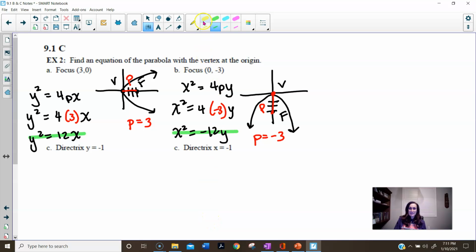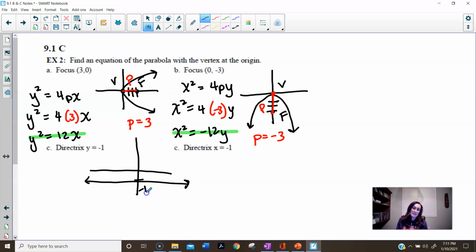Okay, so now they're going to give us a hint using the directrix. The directrix is y = -1. You know that y = -1 is going to be a horizontal line that goes through -1, and that's your directrix. So therefore, the vertex is going to be at (0, 0), and the focus is going to have to be 1 unit up because the vertex is exactly in the middle of the directrix and the focus. So here's our parabola.